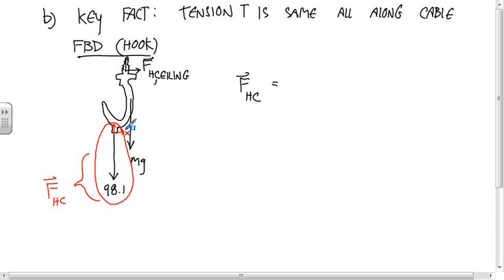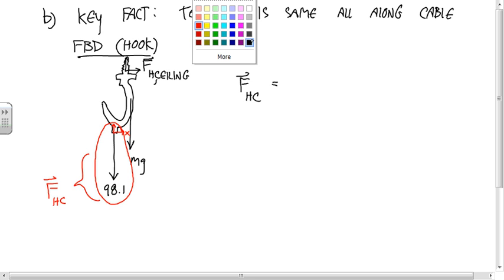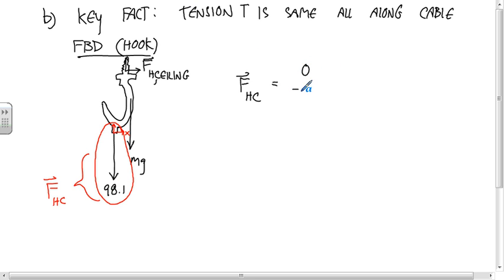So 270, and if you take 98.1 times cosine of 270 and 98.1 times sine of 270, you get negative 98.1 newtons. Another way you could do this is just eyeball it and say, I know that that's pointing in the negative y direction, and the magnitude is 98.1.